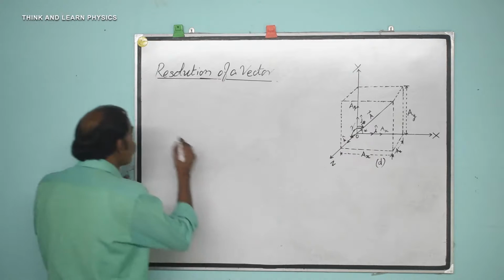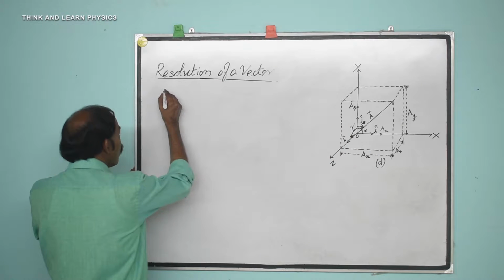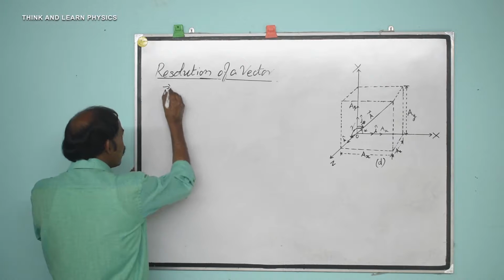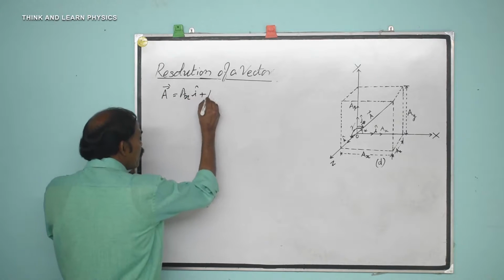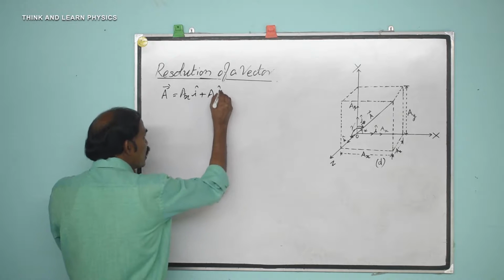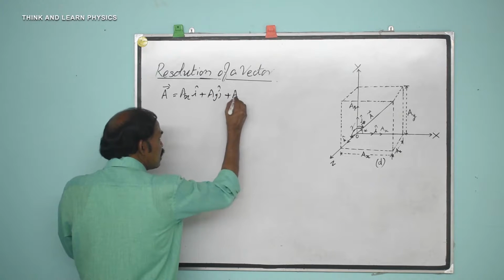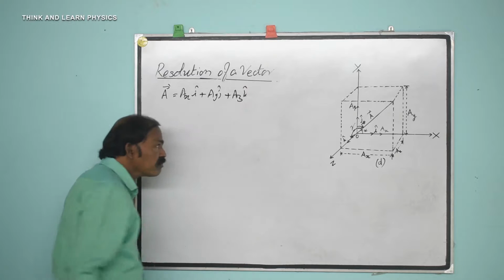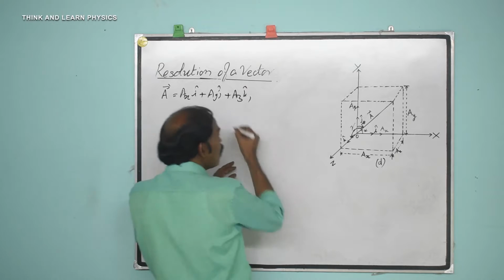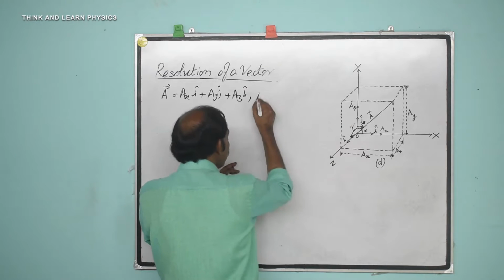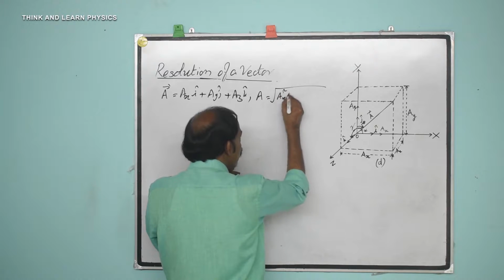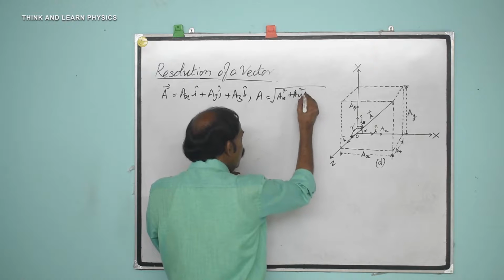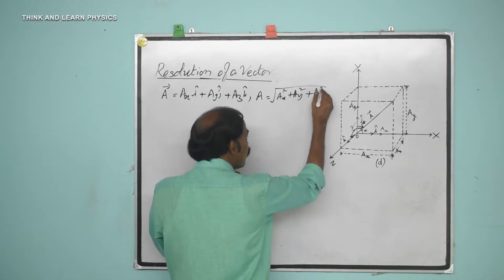So the vector can be expressed as A vector equals ax into i cap plus ay into j cap plus az into k cap, where the modulus of the vector is given by A is equal to square root of ax square plus ay square plus az square.